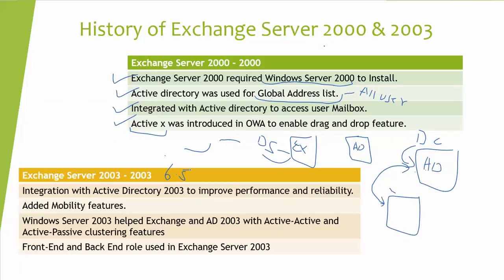One of the good things that Exchange Server 2003 had is you were able to install it on Server 2000. So organizations did not need to buy any extra operating system license. For example, if they were running Server 2000, they did not need to buy Server 2003 to install Exchange Server 2003. It was supported on Server 2000 actually.